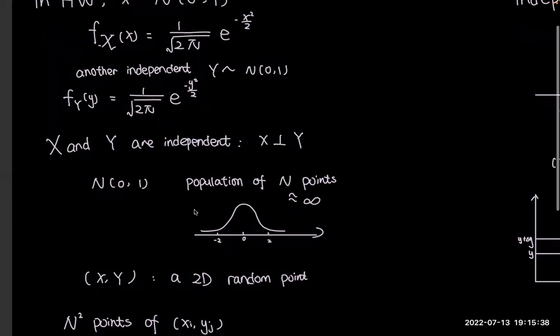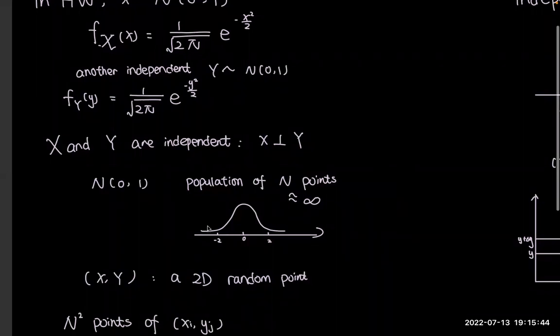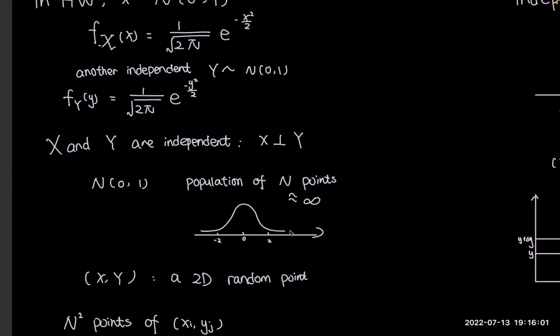So what's the meaning of that? Remember that when we say we generate x from this density, we have a population of endpoints distributed on this x-axis, and they have such a density, so that 95% of the points in this population is between -2 and 2, and the density follows this so-called bell shape.